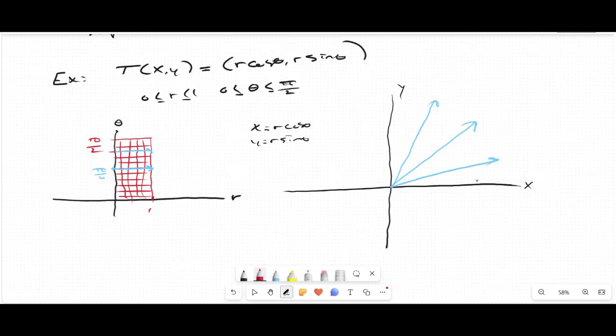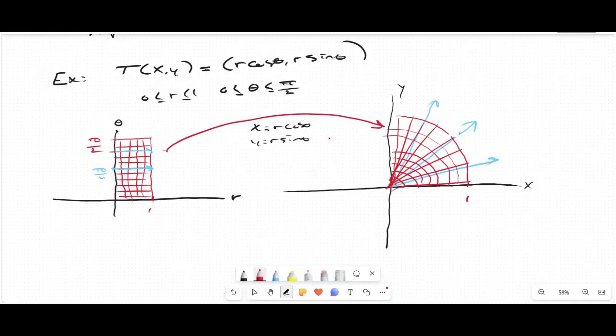And so what that means is, over here, our rectangle in R and theta got distorted.